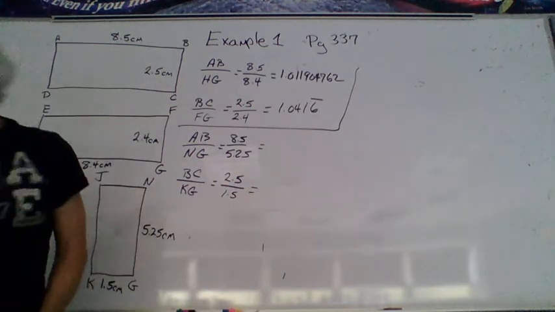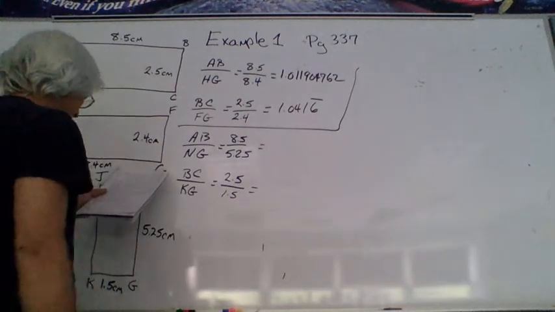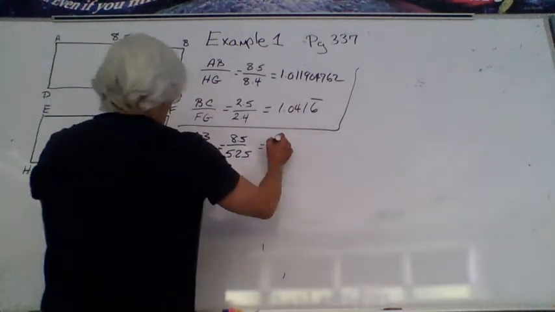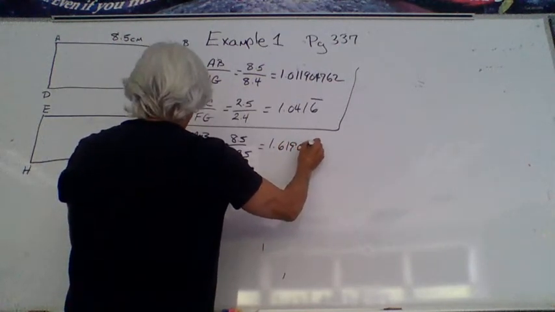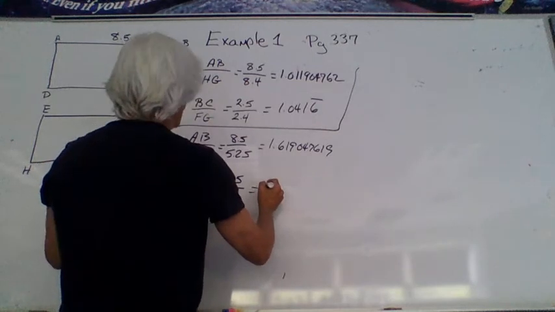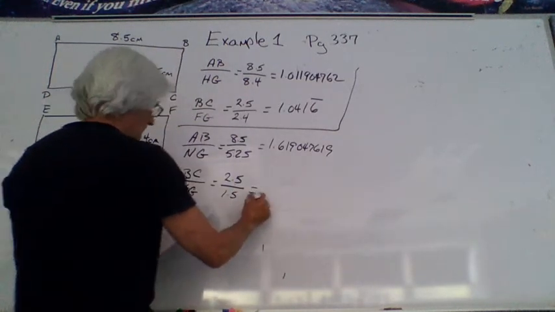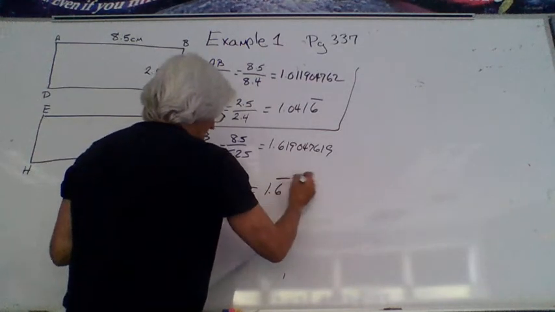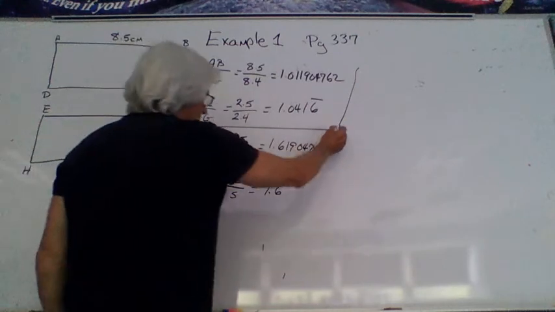So let's see if they come out to be the same ratios. 8.5 divided by 5.25 gave me 1.6190476619, and 2.5 divided by 1.5 gave me 1.6 repeating. Not the same, so they're not similar.